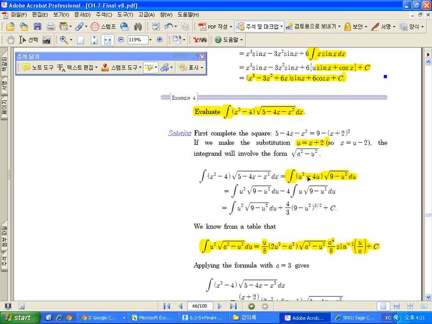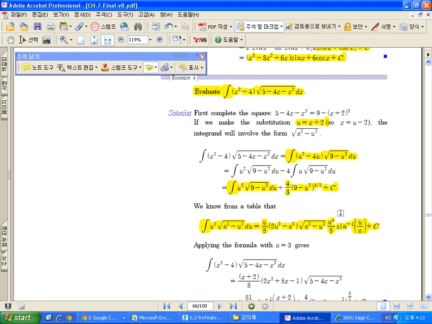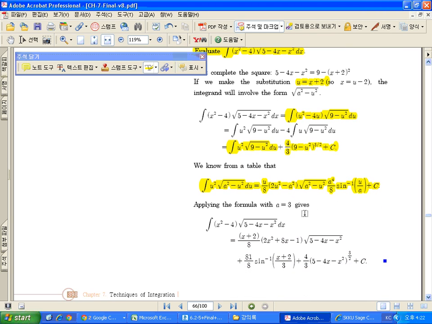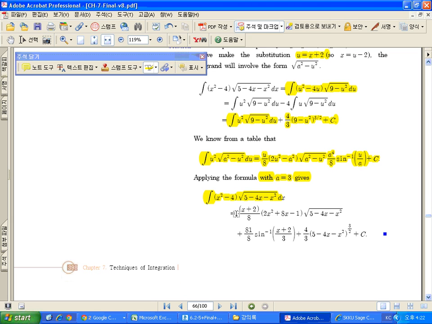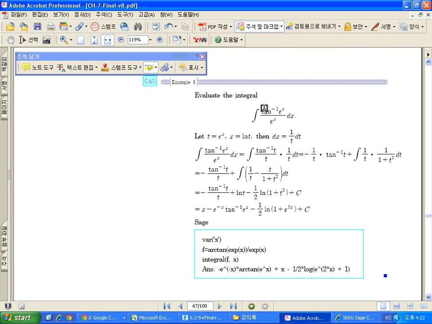Then use this formula to have this and this. Applying when a is equal to 3 gives us the answer like this. So you see, if we have a table in our hand, then we just simplify the given integral to one that we can find in the table.